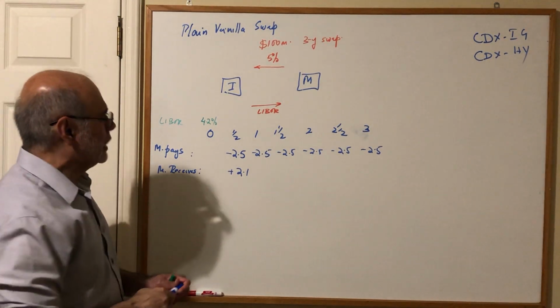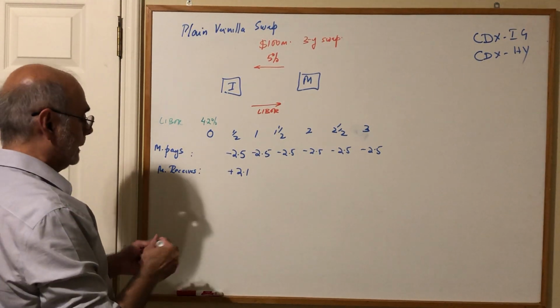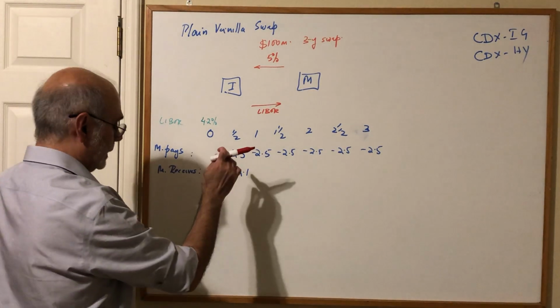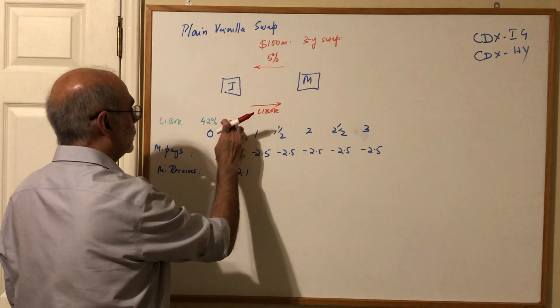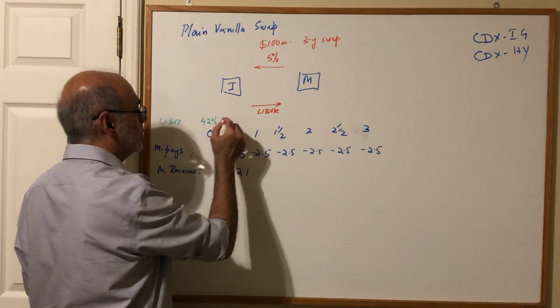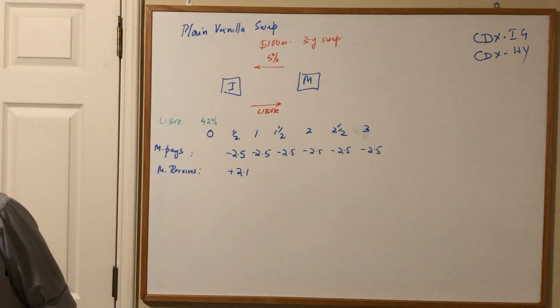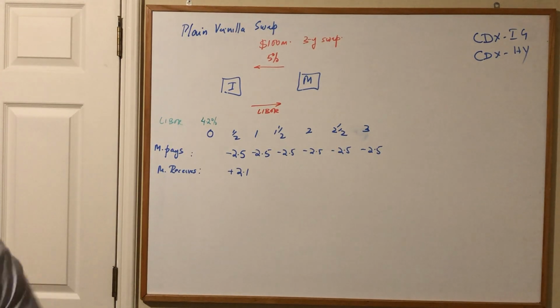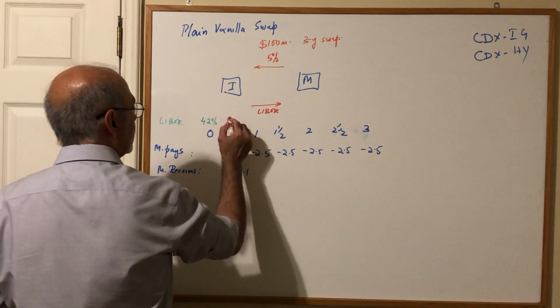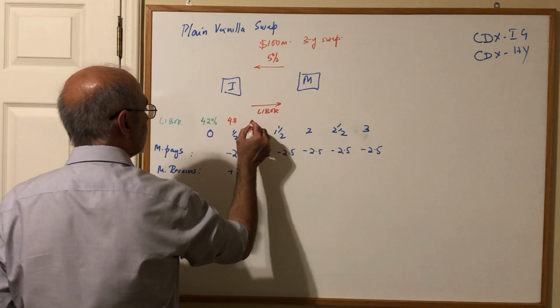Okay, now the LIBOR rate changes with time. Now I'm going to put the changing LIBOR rates in a different color. Okay, and the textbook says that as the LIBOR rate changes, what are the rates there? 4.8, 5.3. So let me write them down. So 6 months later, it's 4.8.